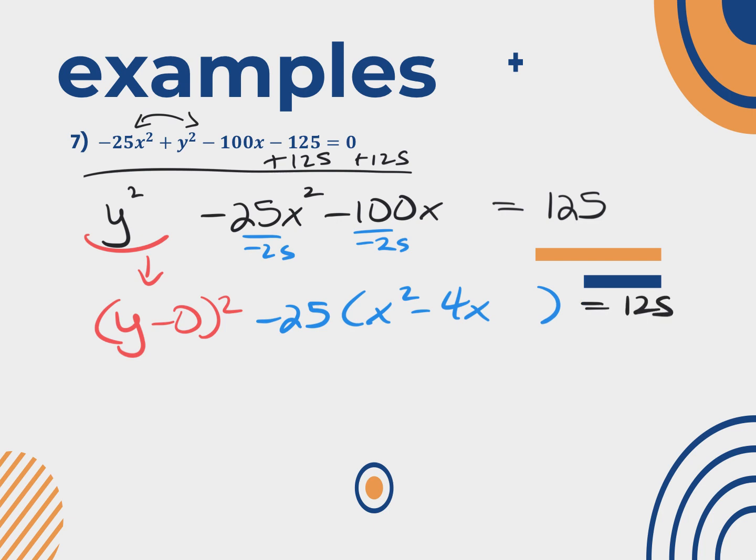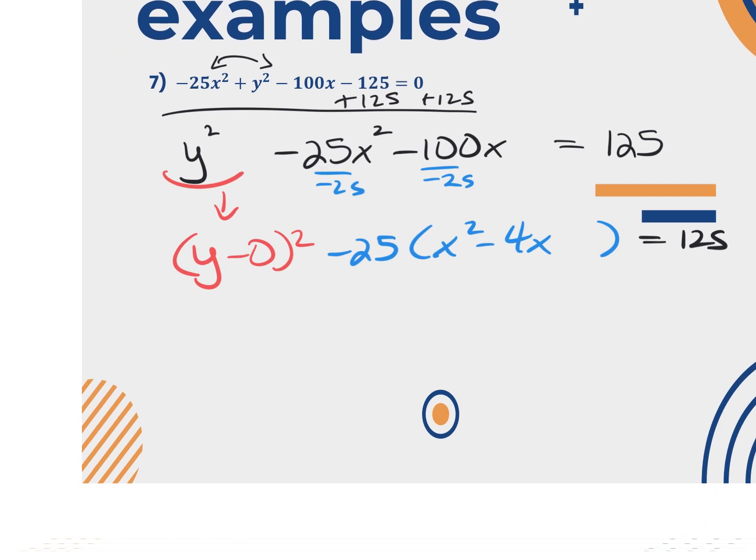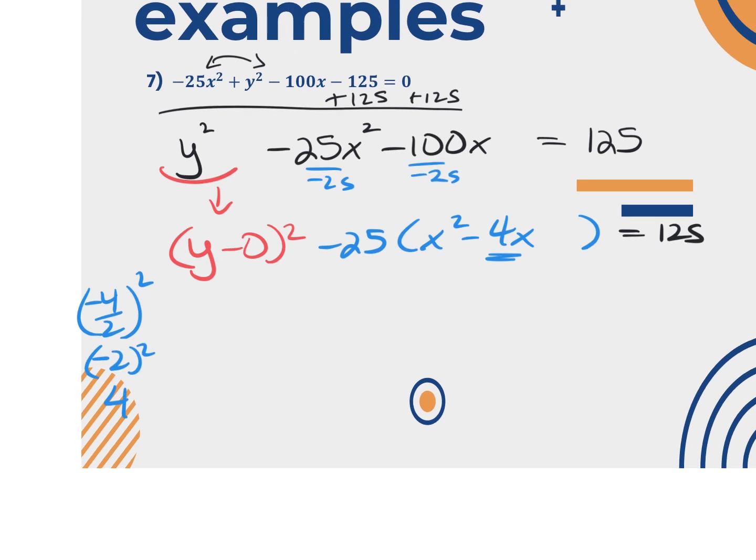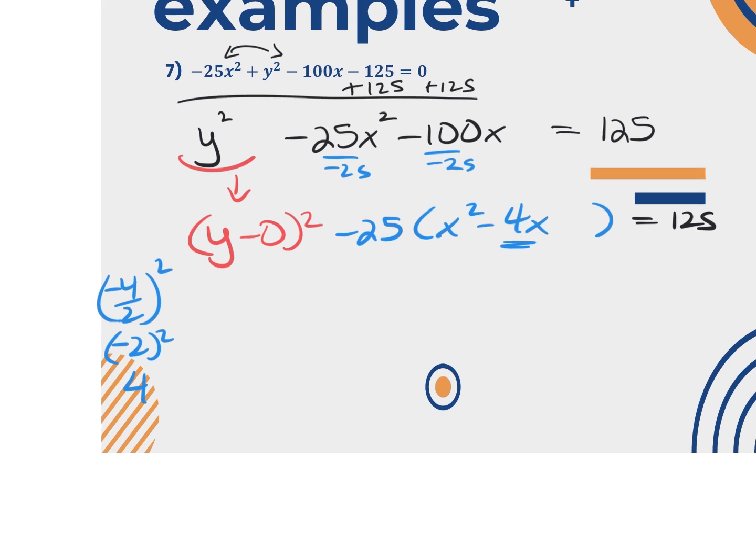I now need to take the b term of the blue and divide it by 2. Negative 4 divided by 2 and square it. Negative 2 squared, and that gives me positive 4. But again, remember in here I'm putting plus negative 2 squared. Now, the number that I'm going to add to the other side, remember you need to multiply the GCF by it.